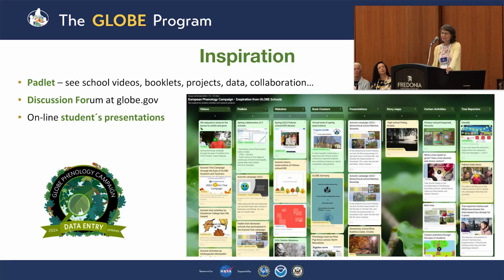What is quite important is to have a space for students and schools to get inspired by each other, so we have a Padlet where schools can put their videos, storybooks, and projects, so they can go there and be inspired. Also, they put their information in the discussion forum at GlobeGov.